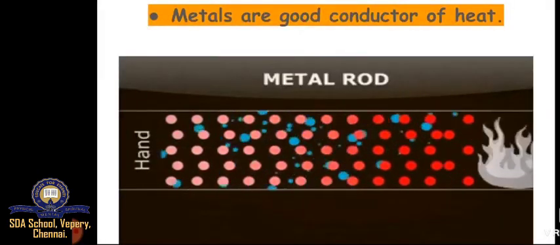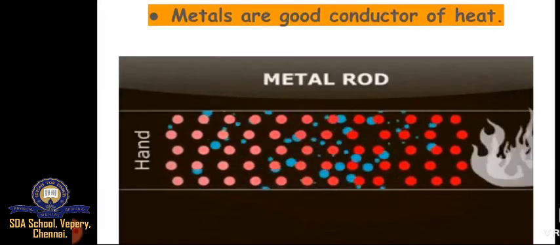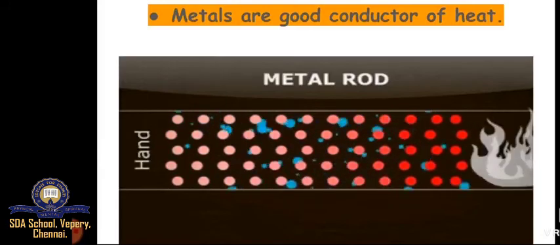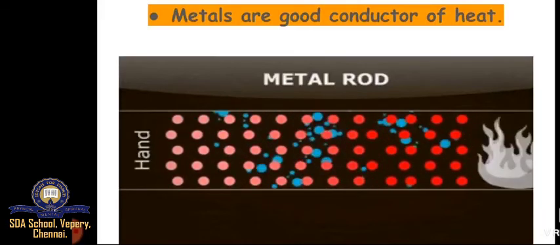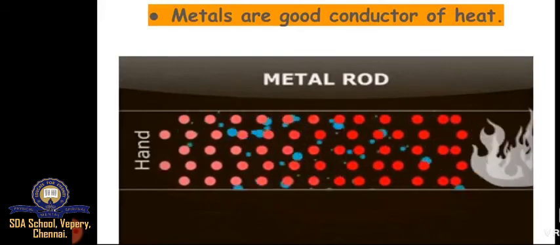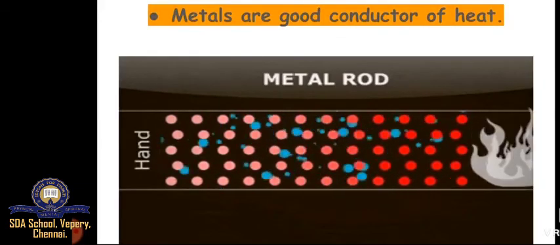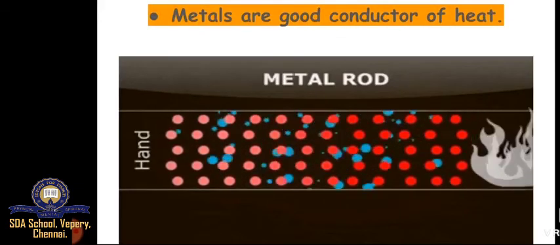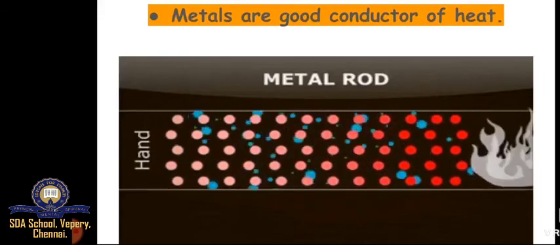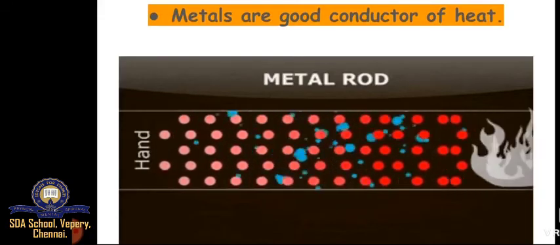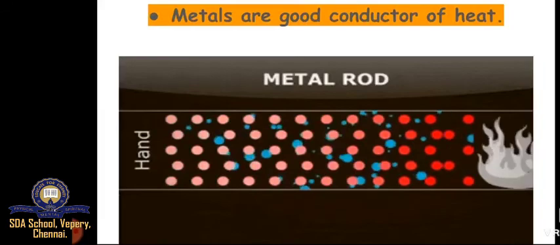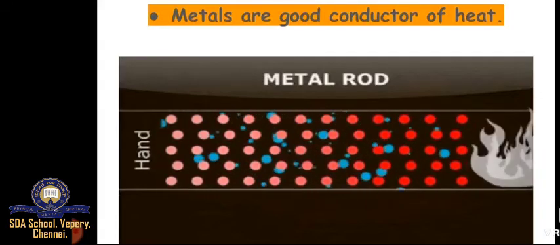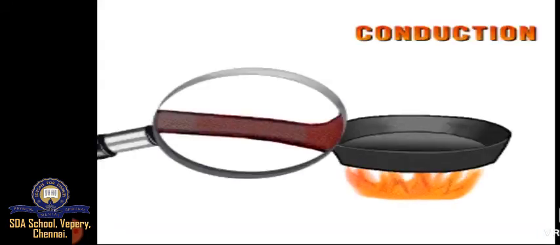Next, metals are good conductors of heat. See, here one metal rod is getting heated. How are the particles moving? While heating, the particles inside the metal move very fast from one place to another. This is the nature of conducting heat.